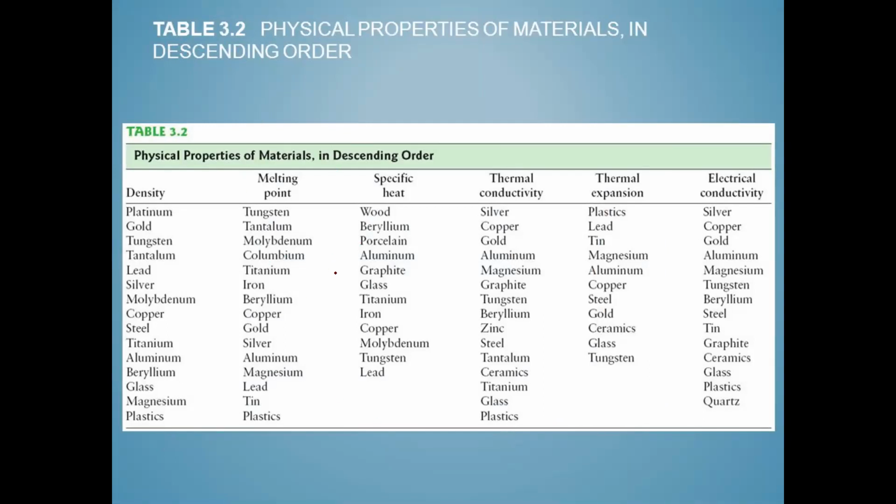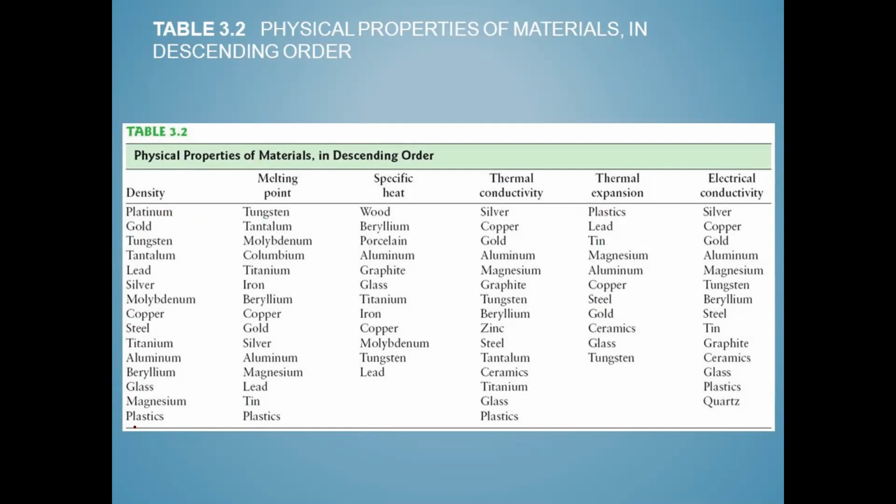You can see also here, just as an example, of course, it's not something that you need to memorize, just examples of physical properties of some materials, and they are ranked here in descending order, from the highest to the lowest. If you take density, you can see how some materials have a high density compared to others, and from the bottom you can see plastic.